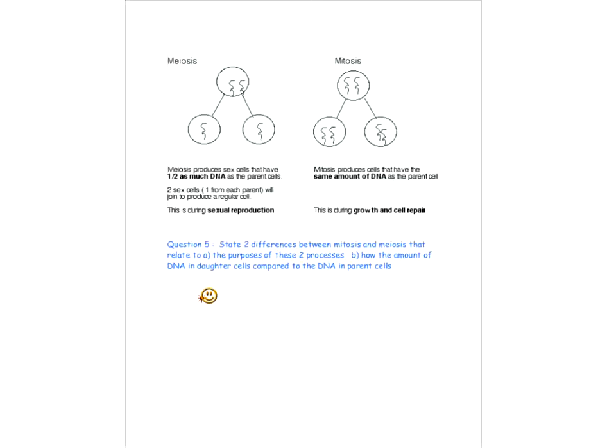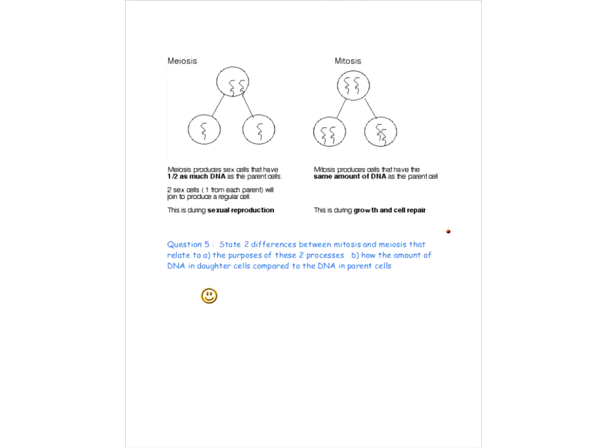Now, Maddie, is that mitosis or meiosis? That's right. The daughter cell has half as much in meiosis, and how would we describe how daughter cells and parent cells compare in mitosis? They're identical, right? Same amount of DNA.